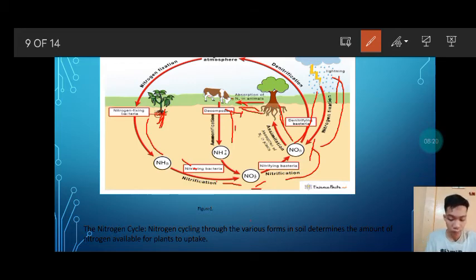Then denitrification is the final step, in which other bacteria convert the simple nitrogen compounds back into nitrogen gas, which is released back into the atmosphere to begin the cycle again.